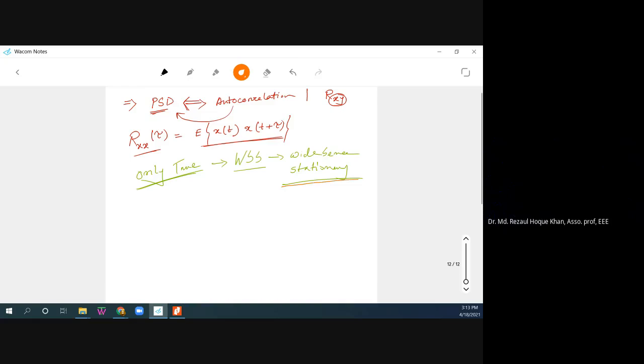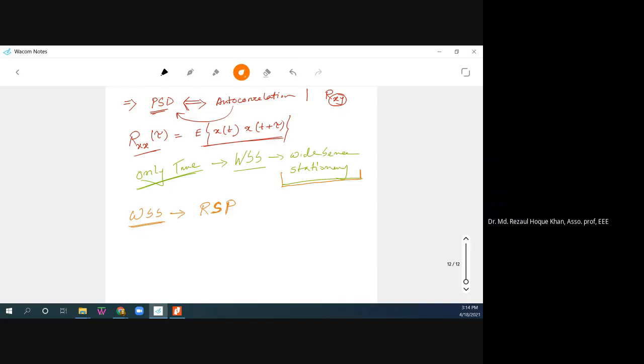Wide sense stationary? No, you already studied this kind of signal, the wide sense stationary process. You already studied WSS in your RSP course, random signal and processing course, probably chapter 7 or 8. The last chapter you studied in random signal processing should be the wide sense stationary.